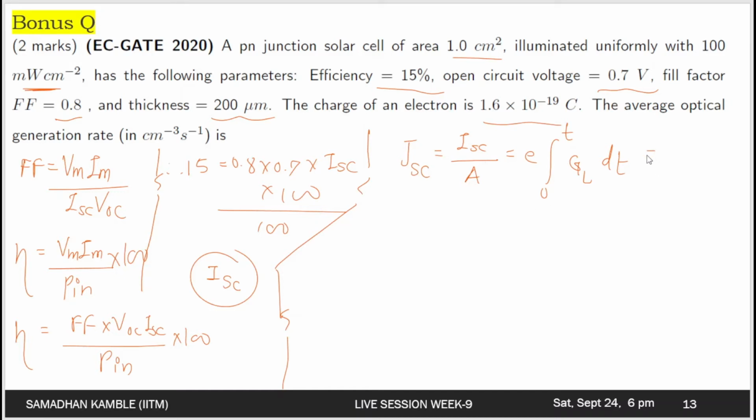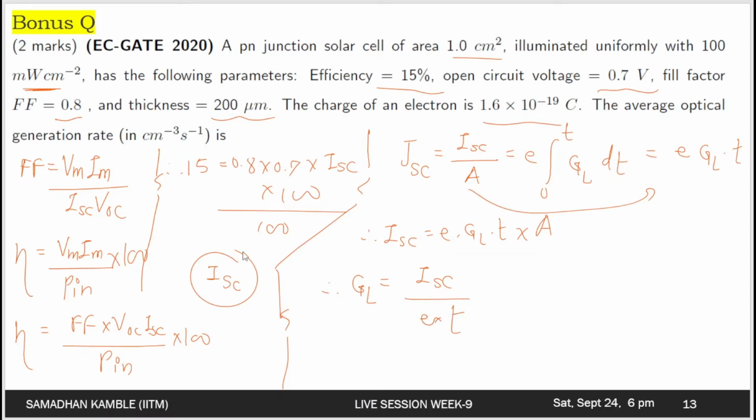So it is simply E GL times the thickness. ISC in this case would be E GL times thickness times area, and therefore GL, which is our quantity of interest, would be ISC divided by E times T.